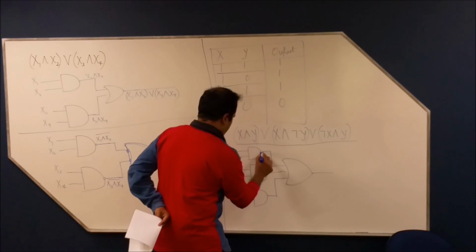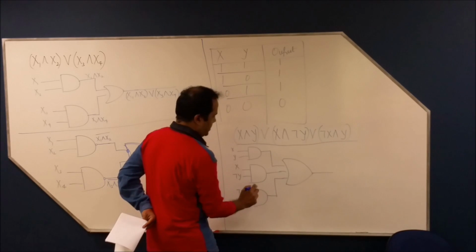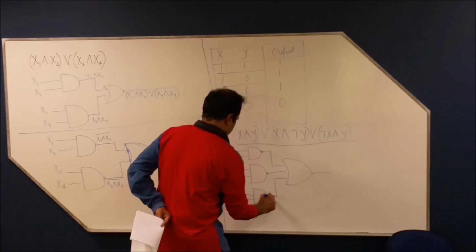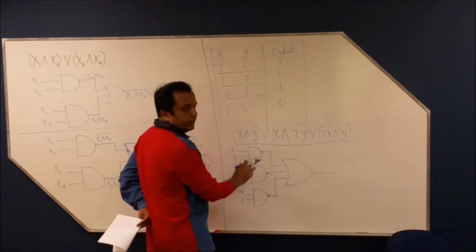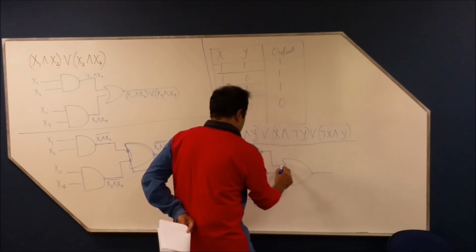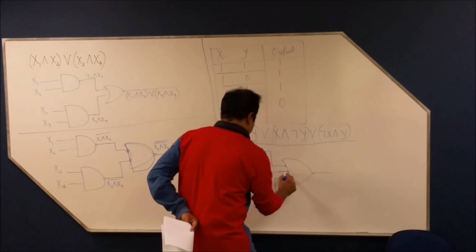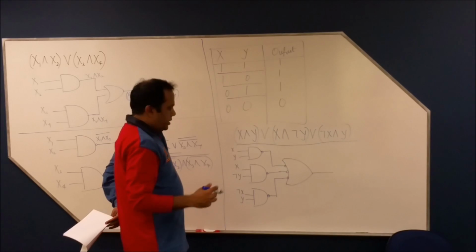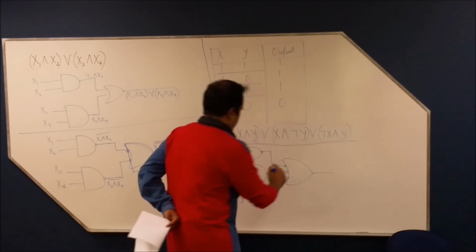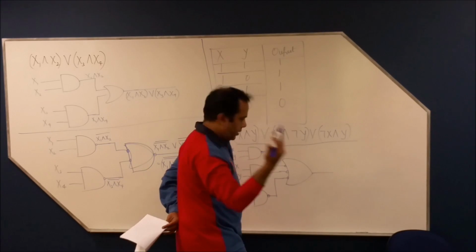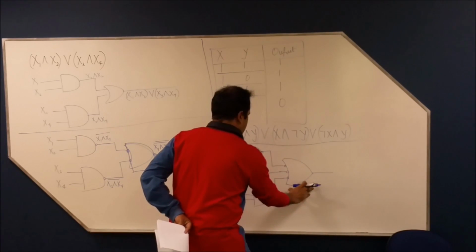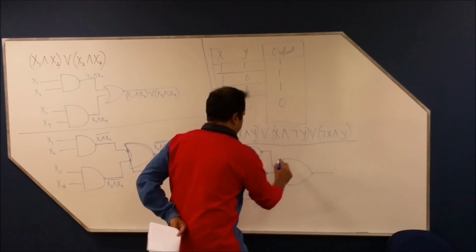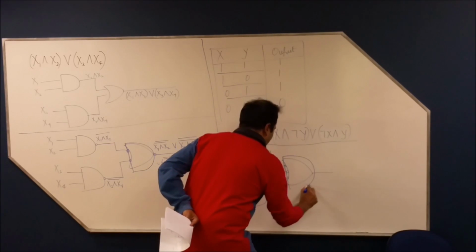That is, I replace the AND gates with NAND gates, that is, I put an inverter at the output of each of the AND gates, as well as an inverter just before the input to my OR gate, which again, as we have seen before, we could rewrite, the OR gate with its inverted inputs, using a NAND gate.